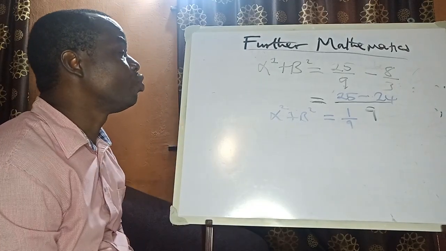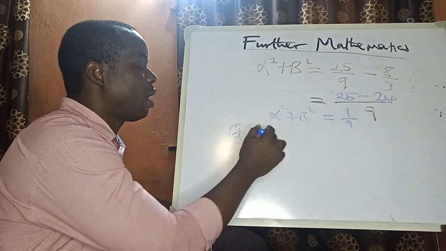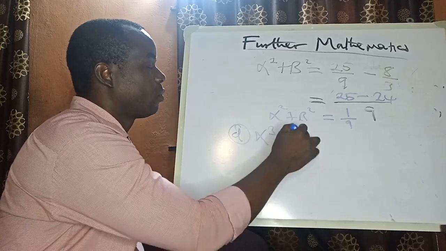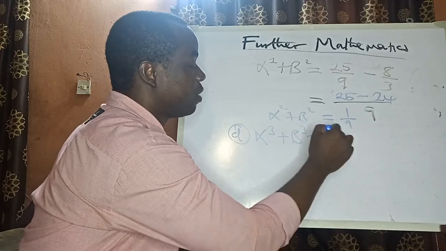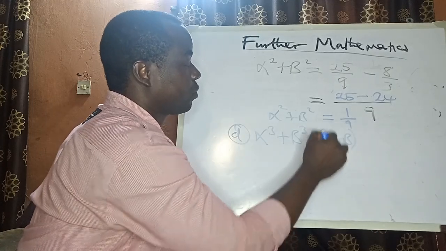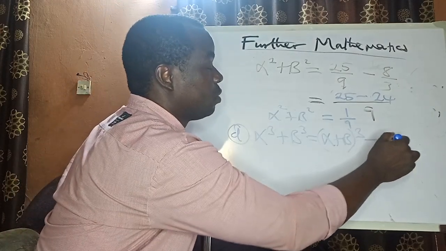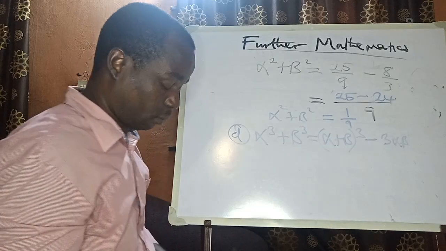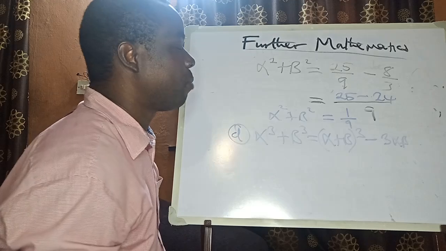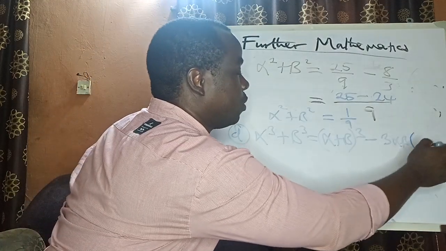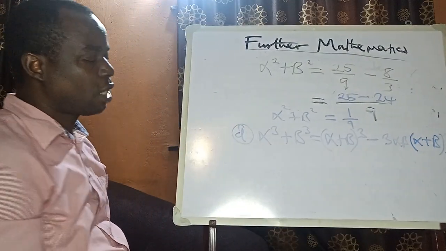The fourth one says we should find alpha cubed plus beta cubed. So check the formula I gave you. The formula is alpha plus beta all cubed minus 3 alpha beta times alpha plus beta. Now let's apply the formula.